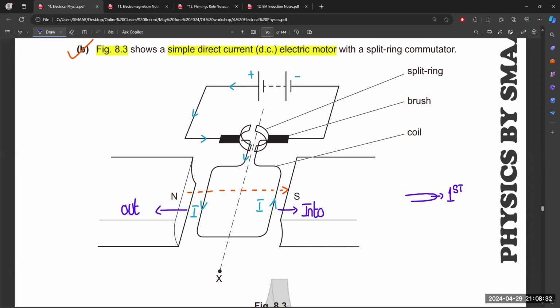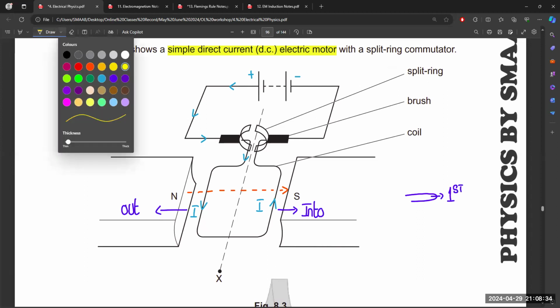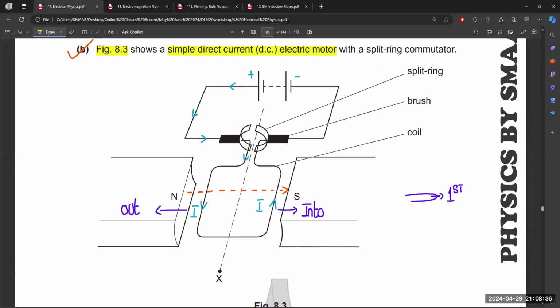If we consider the left hand side, because current is coming out of the paper, it is very simple to identify the direction of force.